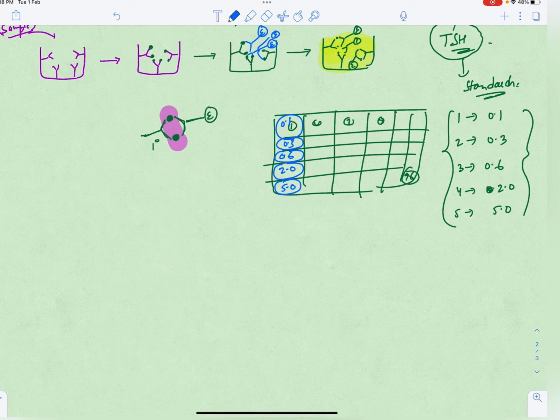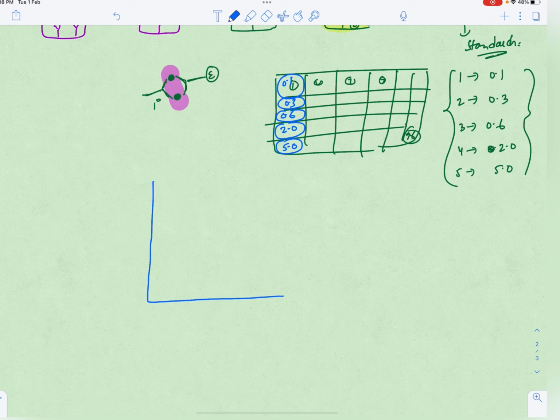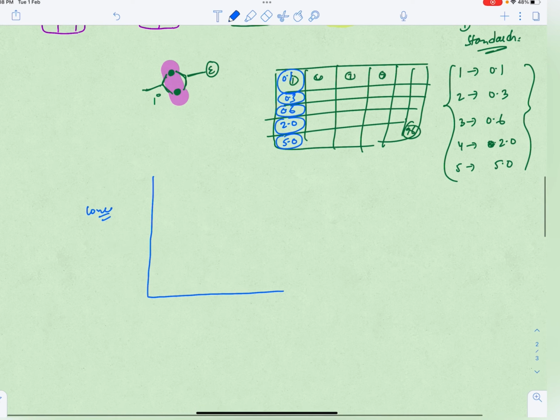When a graph is plotted between concentration and optical density, it would look something like this.